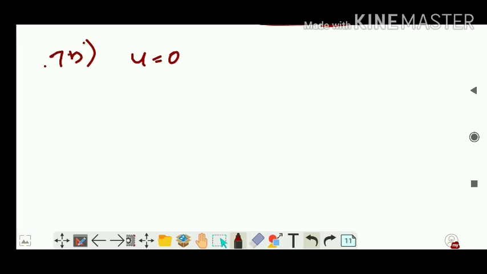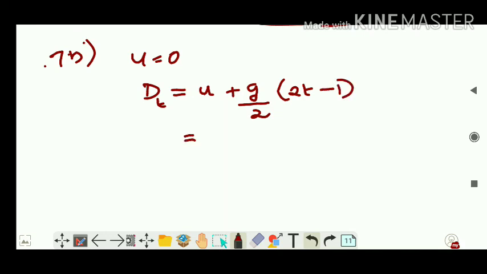So the total distance covered by the ball in the last second, let's say it is d, is equal to u plus g by 2 into (2n minus 1), where n is t, the last second, so 2t minus 1. Initial velocity is 0. Since the displacement is also minus and g is also minus, I am not considering the sign, guys. So it is g by 2, so let's write it as 10 by 2, that is 5.